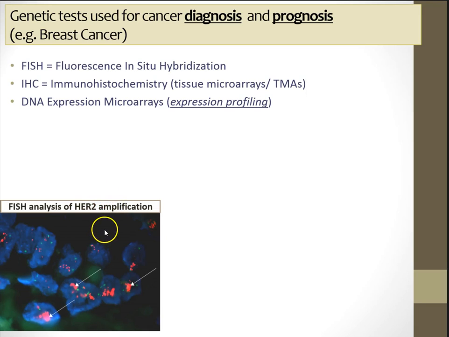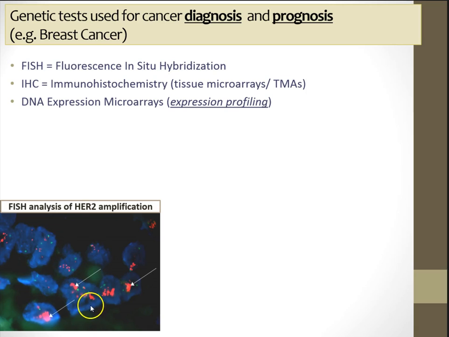The HER2 amplification is literally a manifestation of multiple copies of the HER2 gene. So in FISH analysis, we basically have a probe that recognizes the sequence of the HER2 gene. And in normal cells, we only expect to see two little blobs. In this particular image, the green probes are the control probes, and usually our control probes represent the location where we expect to see the HER2 gene.